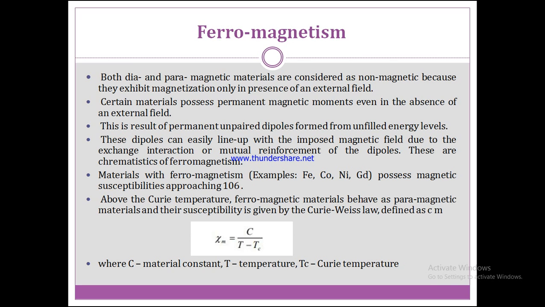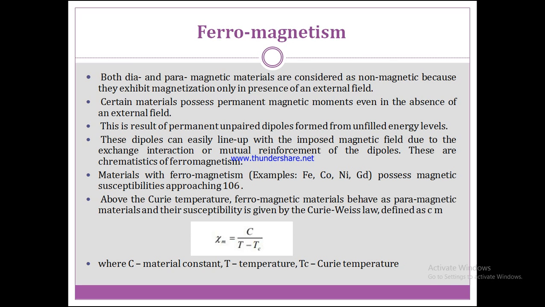The materials with ferromagnetism are, for example, ferrous, copper, neon, and cadmium, which possess magnetic susceptibilities approaching 10 raised to minus 6. Above the Curie temperature, ferromagnetic materials behave as paramagnetic materials, with susceptibility given by the Curie-Weiss law.